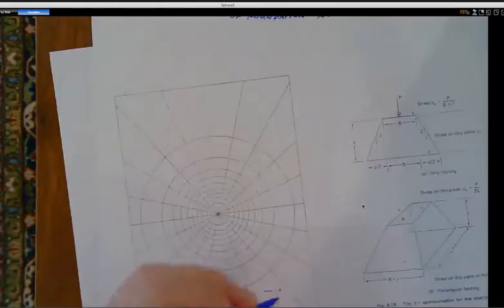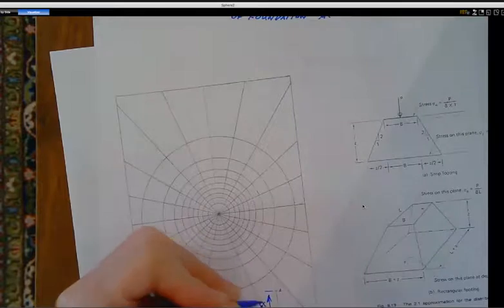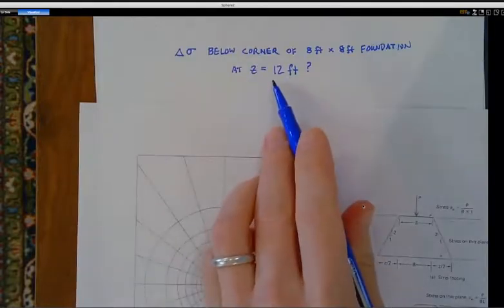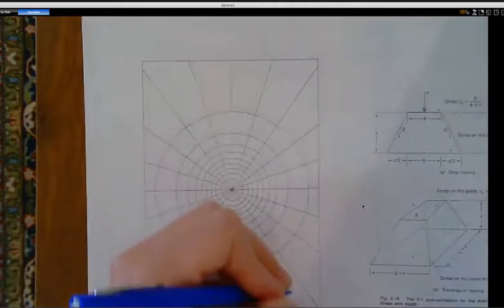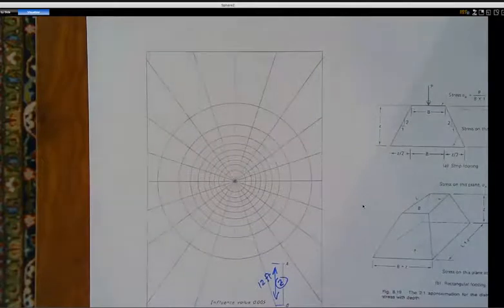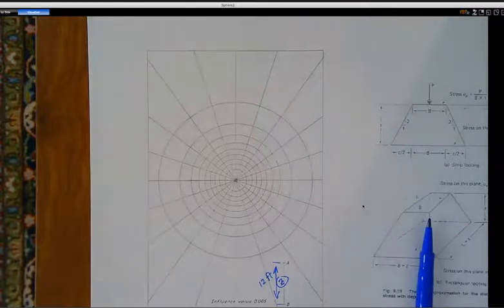So with this problem, this is now 12 feet, only for this example, because I'm at Z of 12 feet. So this is Z, and maybe Z is a better term for that distance, as that is generic, and it's only 12 feet for this example. So with that being 12, we want to have 8 by 8 established.